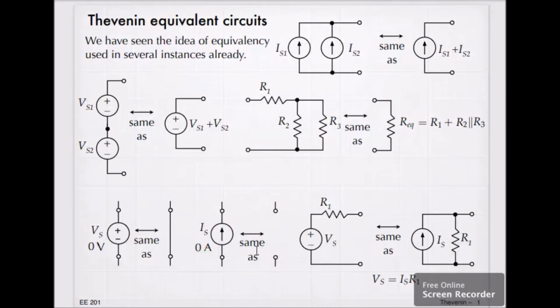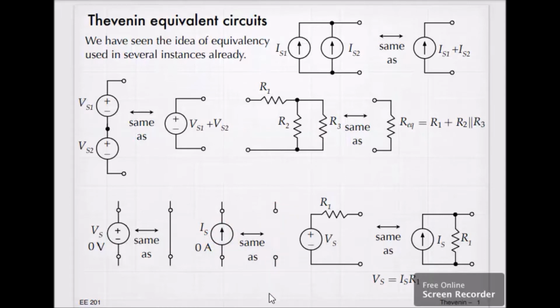This is how we kill our sources. It's not really killing, but when we kill the voltage source, there is no voltage drop, so we short it. When we kill the current supply, we leave it open.